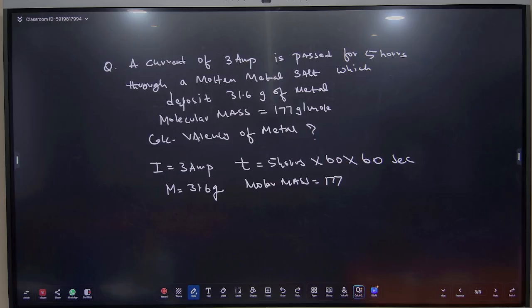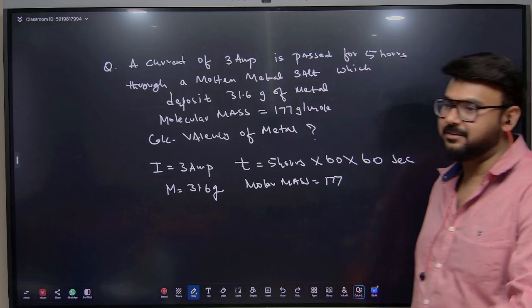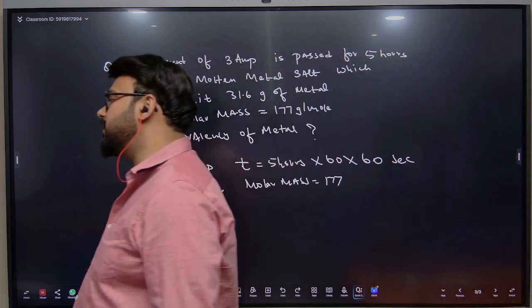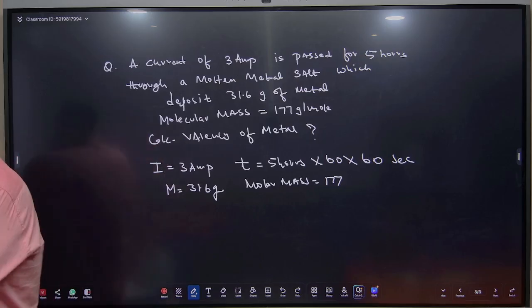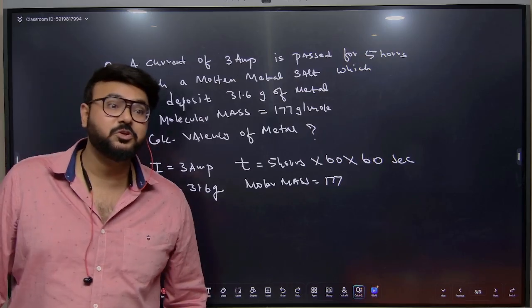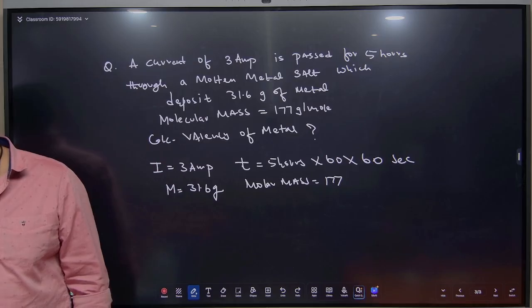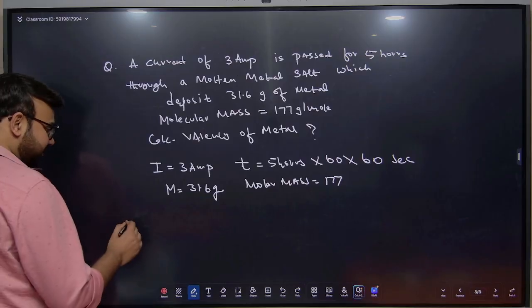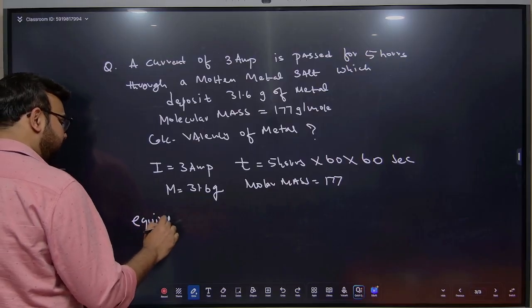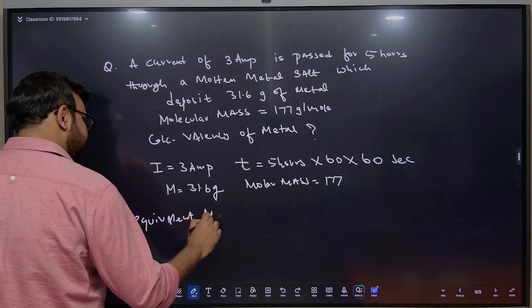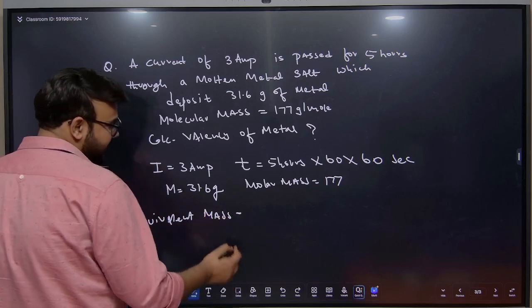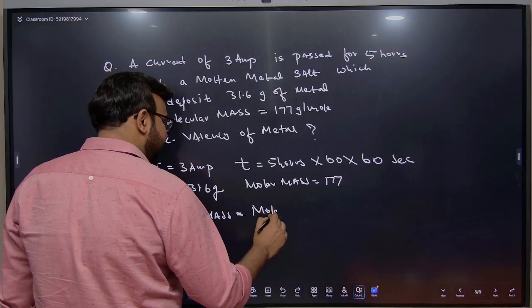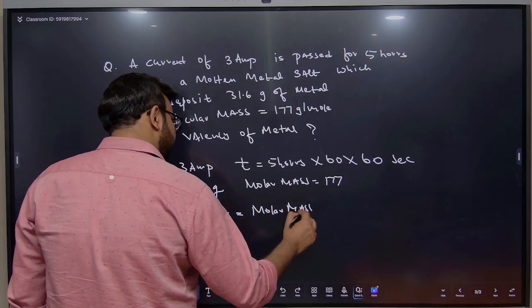So, Nessa, your logic was somewhat correct. If you remember, it's not only that equivalent mass is molar mass by n factor, it is also sometimes, equivalent mass has one more formula, that is molar mass by valency.